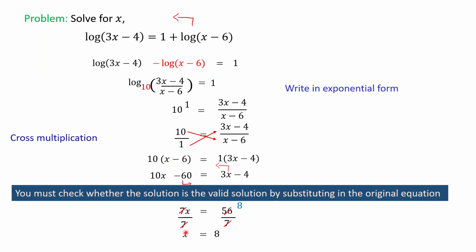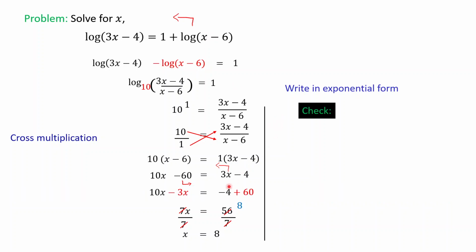Now you need to check whether this is a valid solution to the original equation. So let us check. You need to substitute 8 for x. So you will get this. Now simplify this.